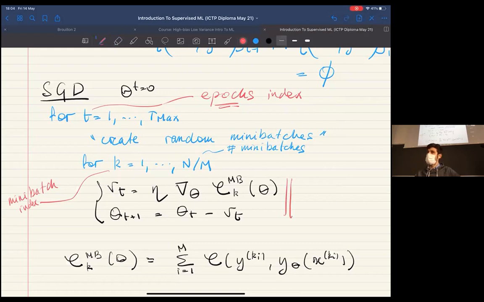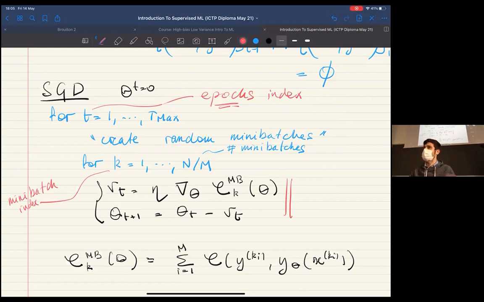Okay, you compute the normal gradient descent. Then you go to the next mini batch, then to the next, then to the next. And once you run through all the mini batches, you did one epoch, you go back to creating a new random selection of mini batches, and you go again along all of them. You go through all of them, and so on and so forth.